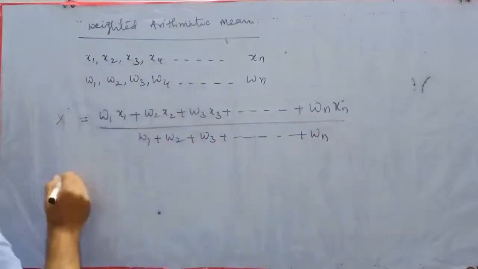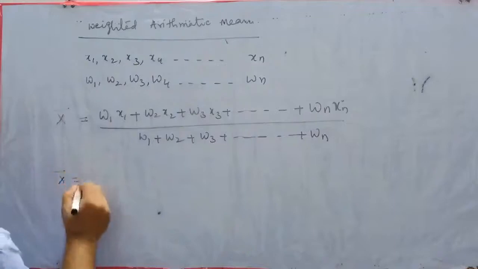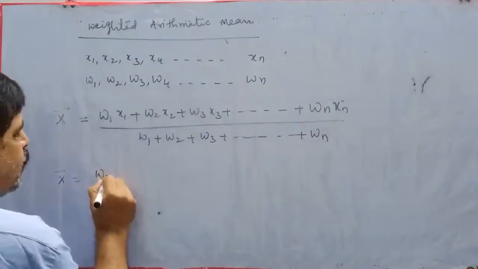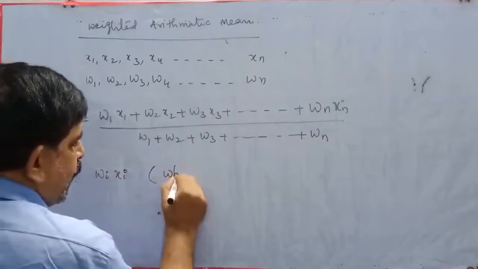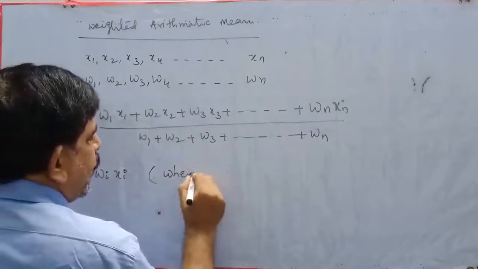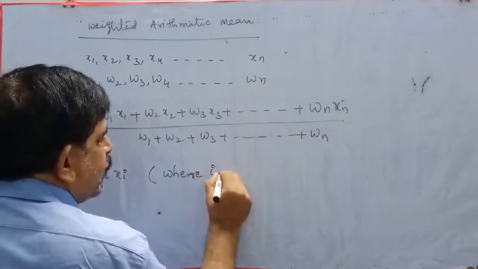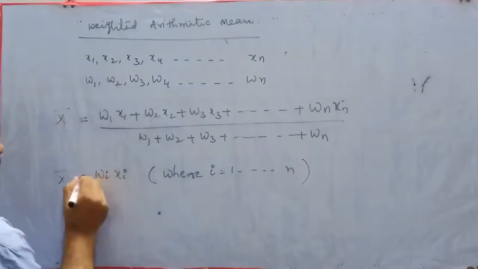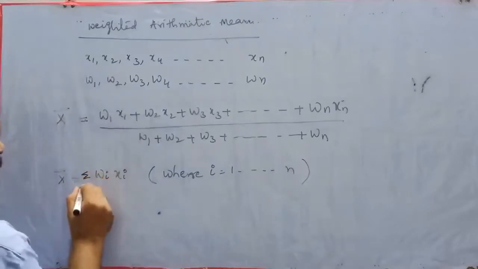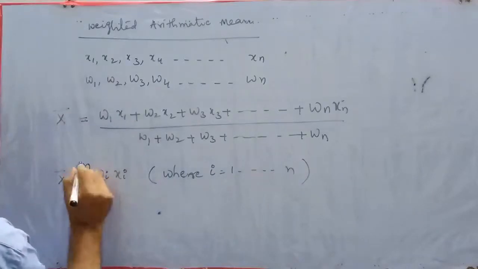Now this can be written as x bar is equal to sigma wi xi, where i is equal to 1 to n, divided by sigma wi, i equal to 1 to n.